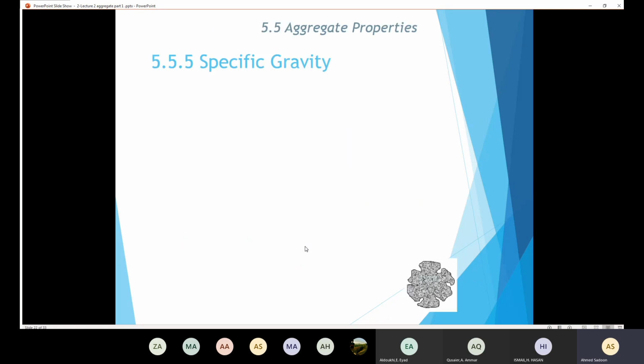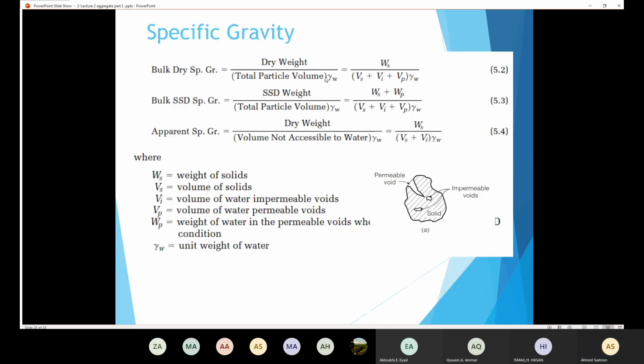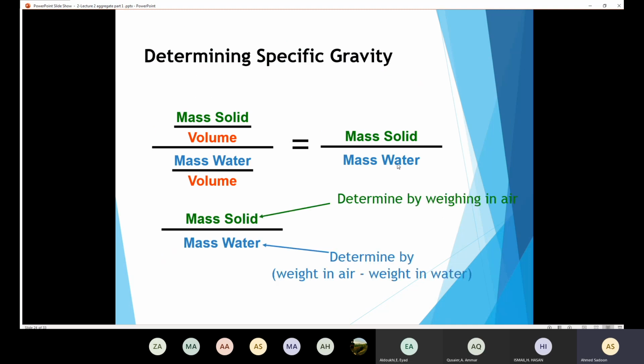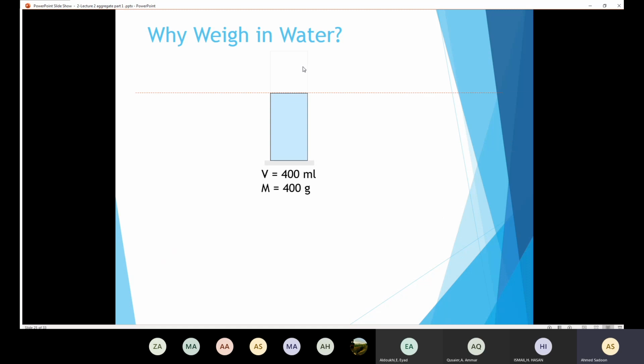If you get to the formulas here, all of them have the volume of the particle over gamma water. So this part here now represents the mass of water displaced by the volume of the aggregate. So I'm going to replace all of this by the mass of water. That is why we weigh in the water.